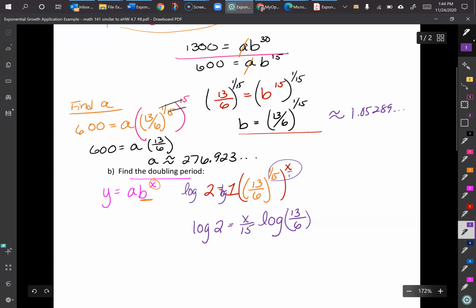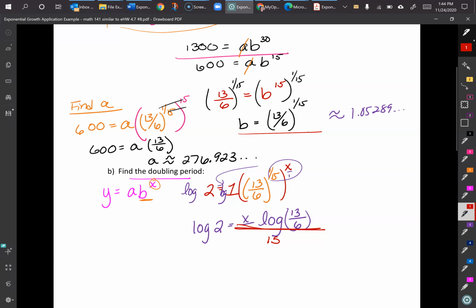Okay, because remember that all comes down in front here. I use our log property. So now this 15, just to be clear, I'm going to rewrite that just a little bit better so that it's clearly under this whole numerator there.